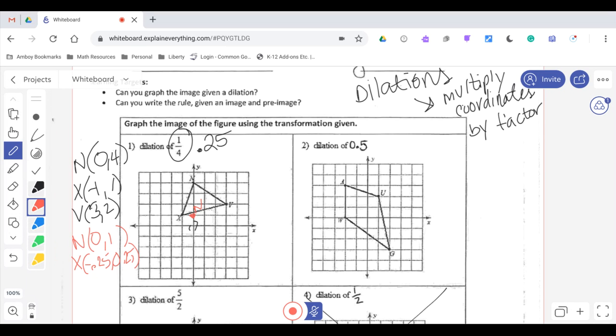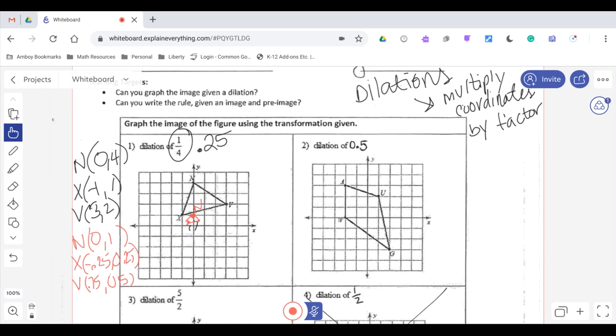So that's going to be really small. It's like right there. And for V, well, let's see. For 2, I'm going to get 0.5. And for 3 times 1/4, I'm going to get 0.75. So it's most of the way over and halfway up. So that's my new shape. It's very, very small.